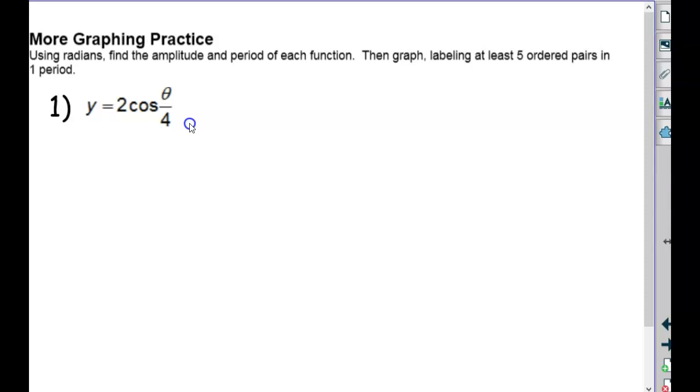Ready to try this? I don't know. What do you remember? Okay. Y equals cosine theta was what shape? Is that the one that starts up or starts at 0? Yes, it is an even function, so it starts at the maximum. So that's the shape we're going for. What is this 2 doing?